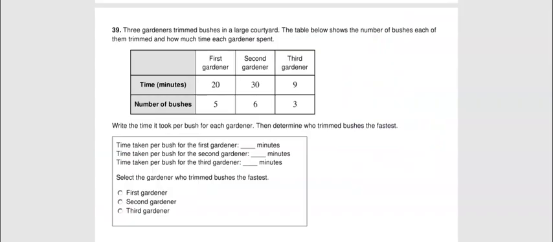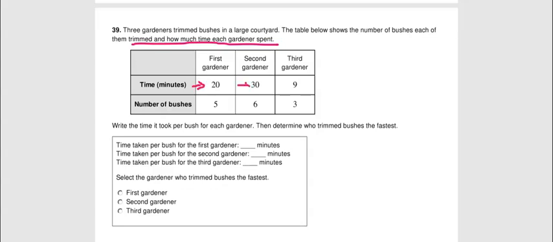All right, so 39. 3 gardeners trimmed bushes in a large courtyard. The table below shows the number of bushes each of them trimmed and how much time each gardener spent. Okay, so this is kind of cool because the number of minutes that the first gardener took was 20.